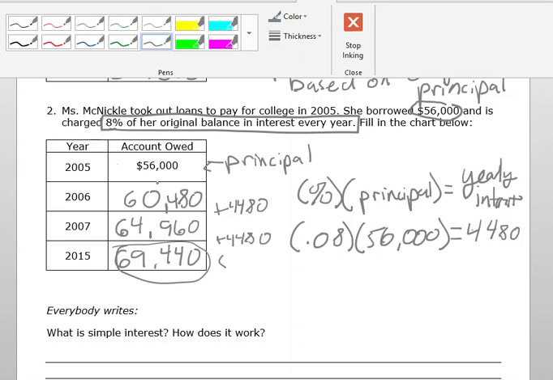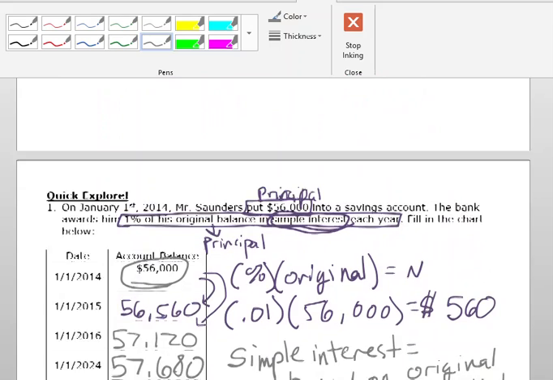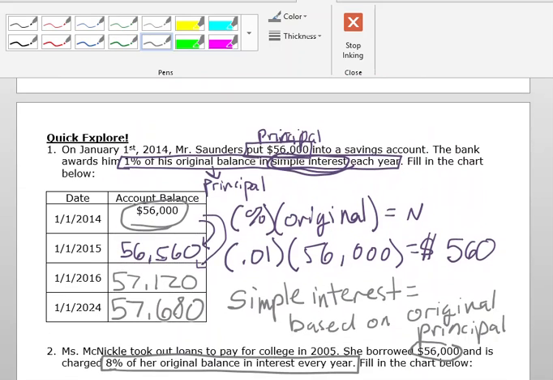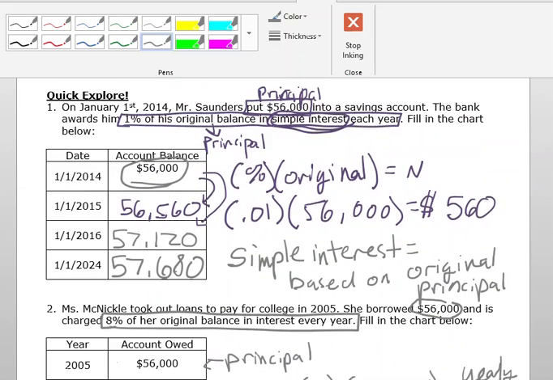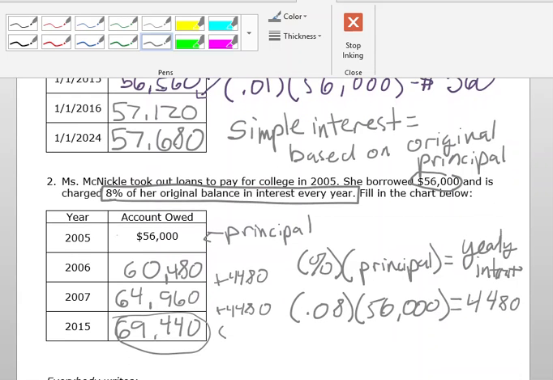One of the many ways that banks will make money is by charging this interest. One thing I want to show you, and you'll notice here that Mr. Saunders put money into a savings account and he got back 1% interest. When Miss McNichol took money from a bank, a loan, she paid 8% interest. There was this huge difference in interest.